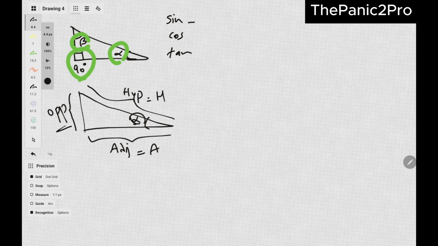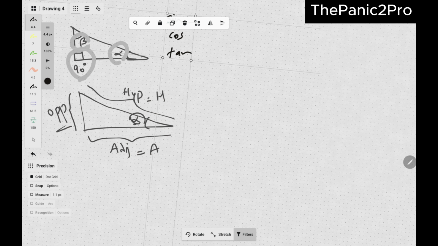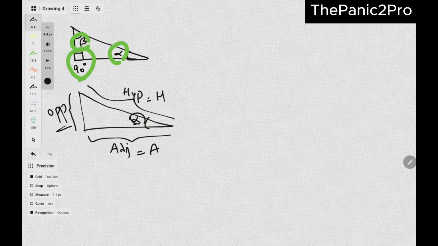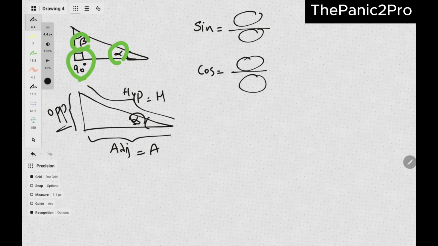So for sine and cosine, for now we just focus on sine and cosine, we have a ratio. And there are four parameters in this ratio, right? Down here, it's always hypotenuse.